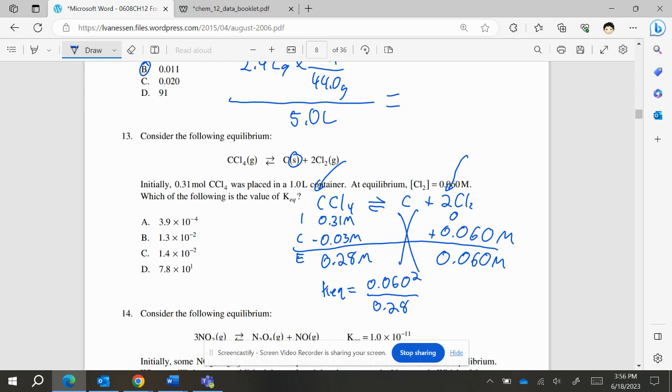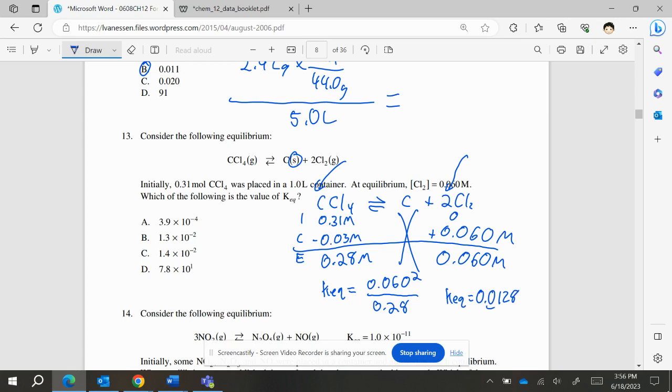Into my calculator, 0.06 squared divided by 0.28 equals 0.0128. I got KEQ equals 0.0128.